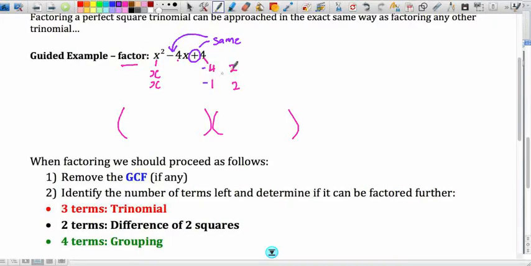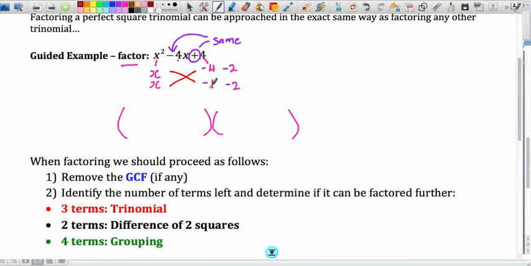So in this case, I could put those straight in there because there's no other way that that can work. And we're just going to test which pair of factors is going to add and subtract to get me to minus 4x. So remember, we multiply to get the first and last term. We add and subtract in order to get the middle term.